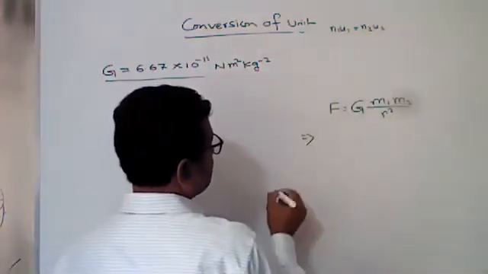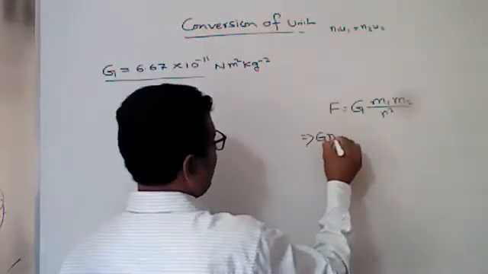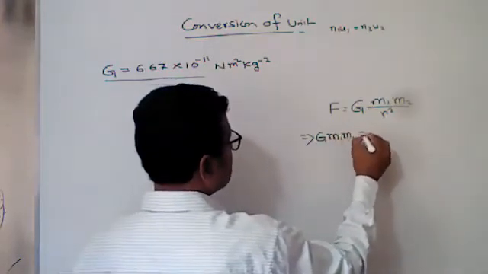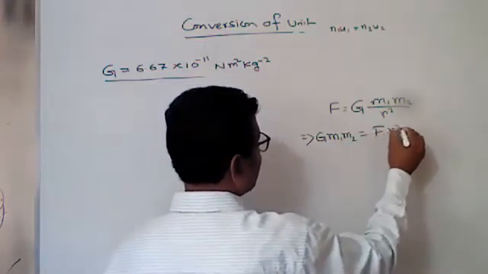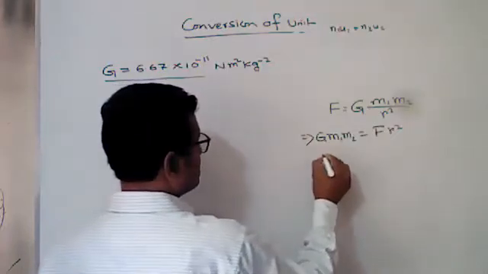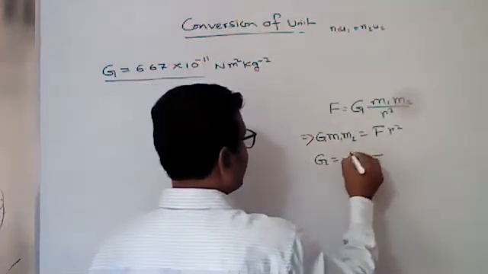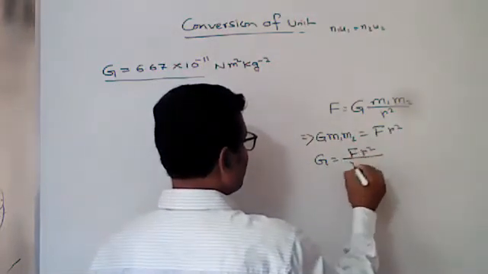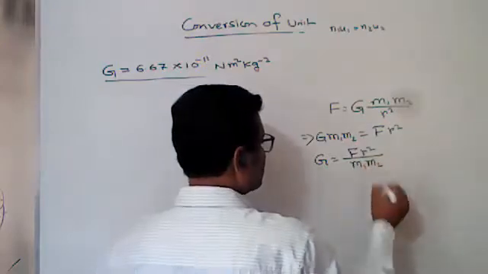So G m1 m2 equals F r square, so G equals F r square by m1 m2.